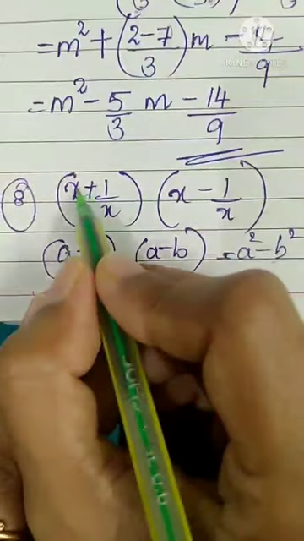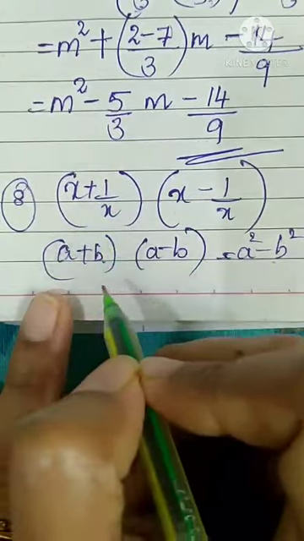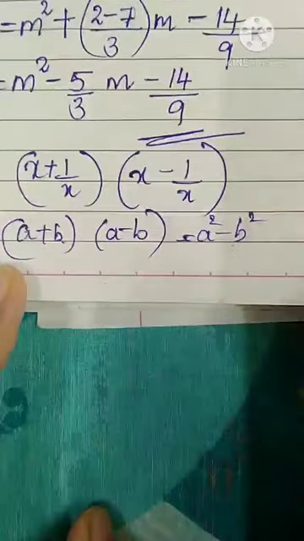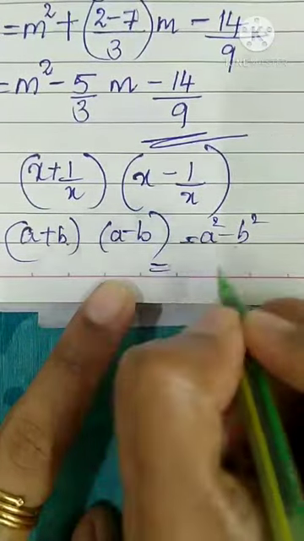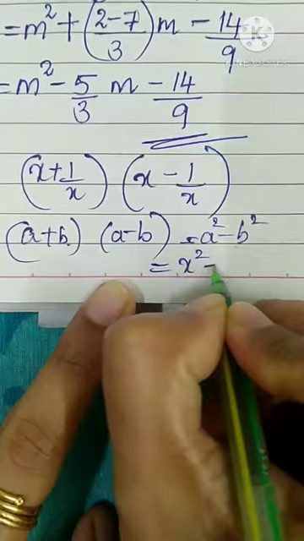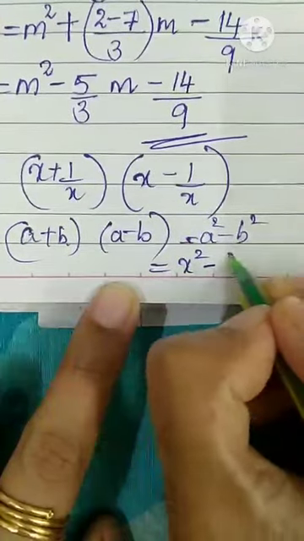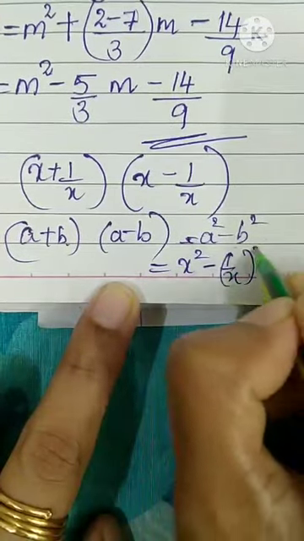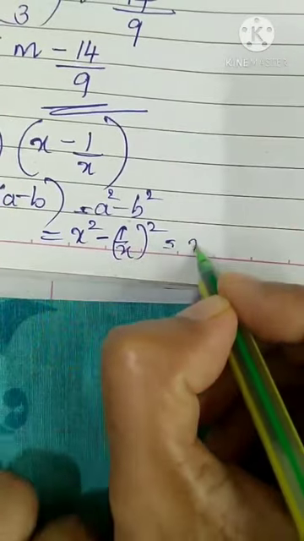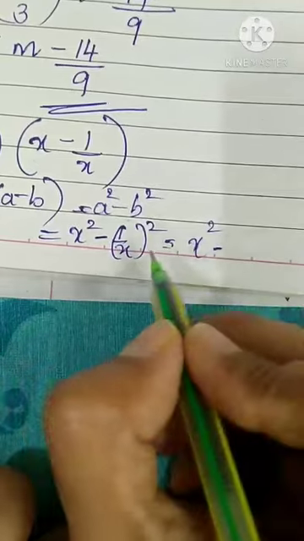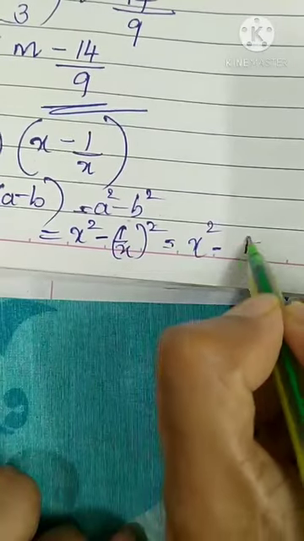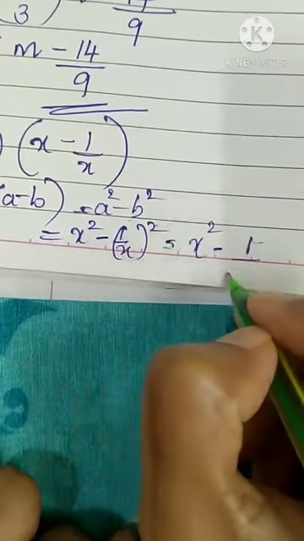So a is x, b is 1 upon x. Substitute here, you will get, in place of a put x, x square minus b is 1 upon x the whole square. So what will be the answer? Here I'll solve. x square minus 1 ones are 1 and x square square will be x square.